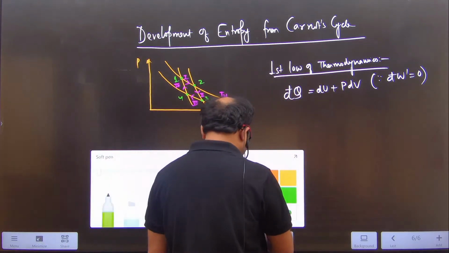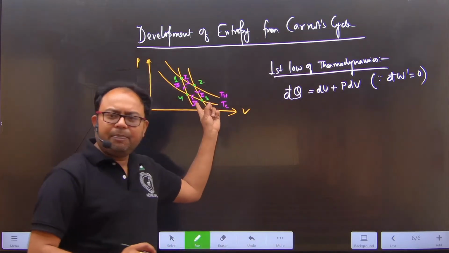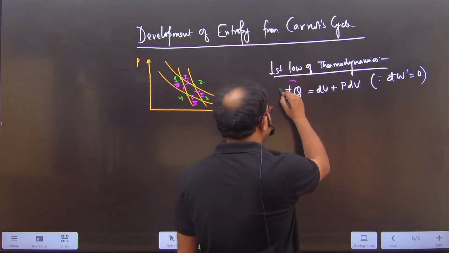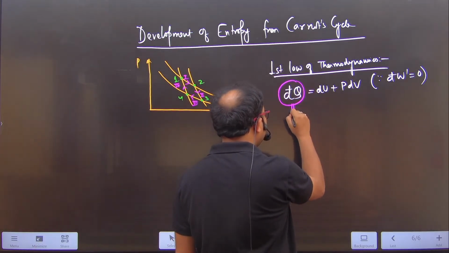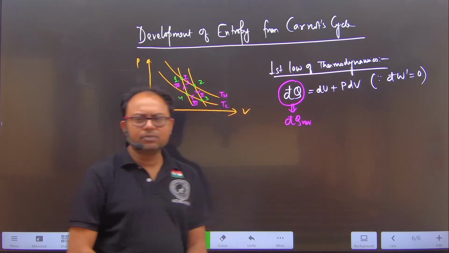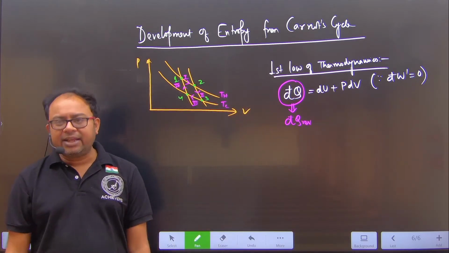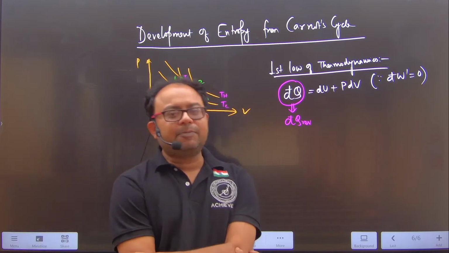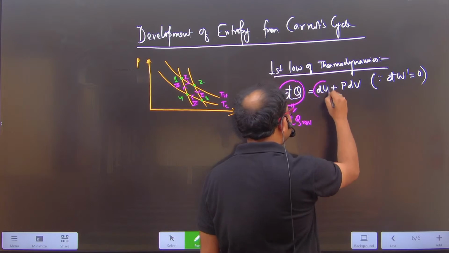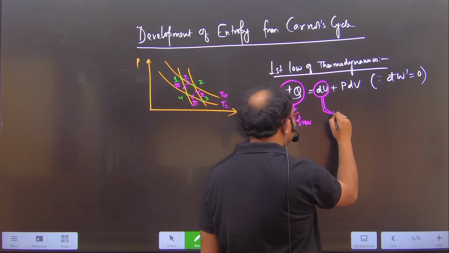Now for the present case, that is the Carnot cycle over here, this is a reversible cycle. So we can replace d cut q by d cut q reversible. What is our working substance? Our working substance is an ideal gas, and for an ideal gas we know that dU is equal to Cv dT.